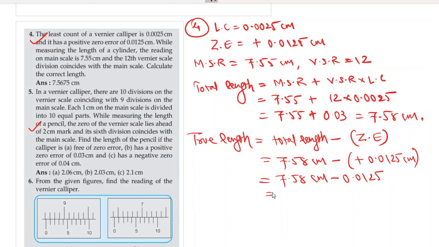So 7.58 minus 0.0125 centimeter is 7.5675 centimeter. So because the calculations are a little trickier, you might find it difficult, but it is not at all difficult.